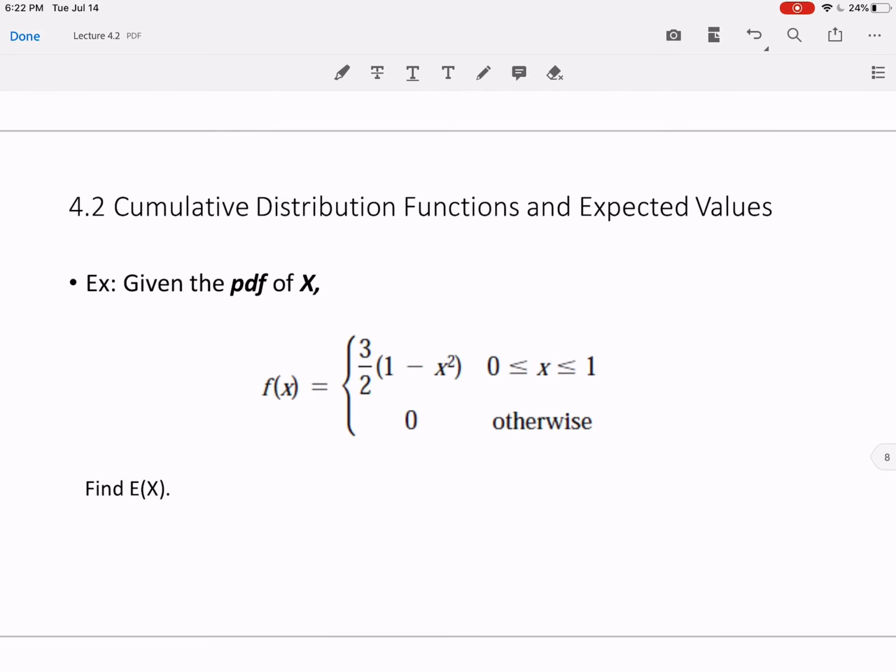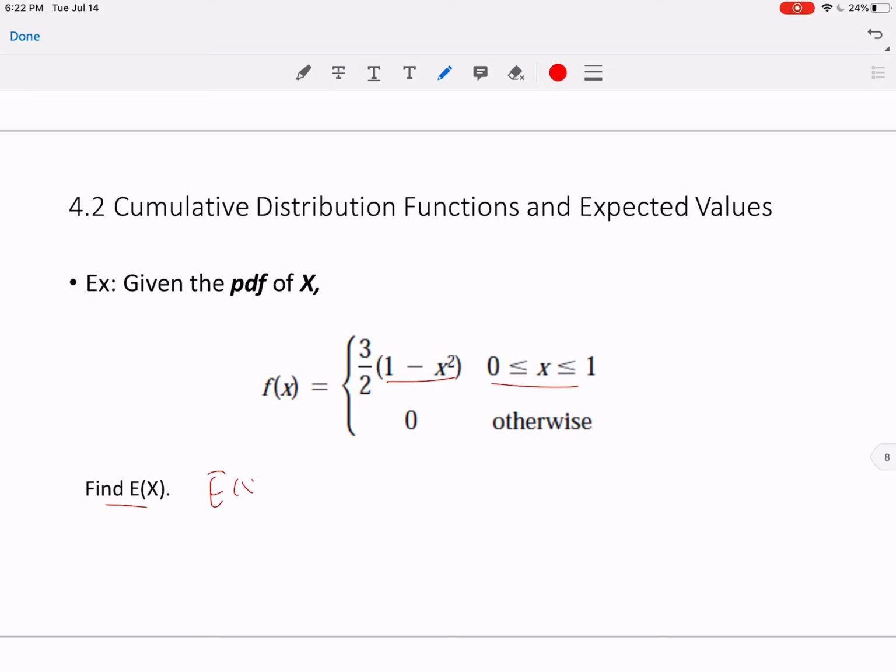So let's take a look at the example here. Given the PDF that f of x is equal to 3 over 2 times 1 minus x squared if x is greater than 0, less than or equal to 1, we want to find the expected value. This is pretty straightforward.